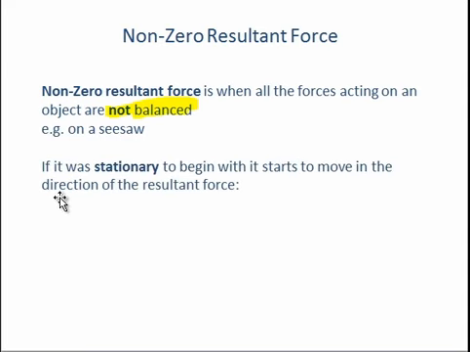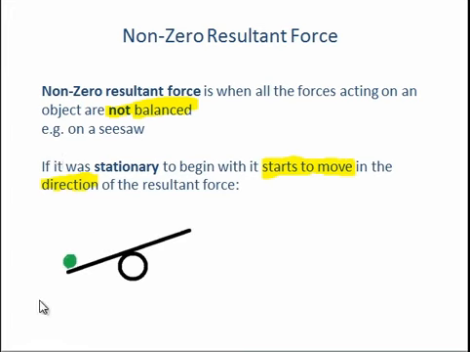So one of the outcomes, well, if you have a stationary seesaw and you get a non-zero resultant force, it begins to move. So as I said, when you had a stationary object with 0 resultant force, it wasn't moving at all. If this resultant force becomes non-zero, then it will start to move in the direction of the resultant force. So let's look at an example.